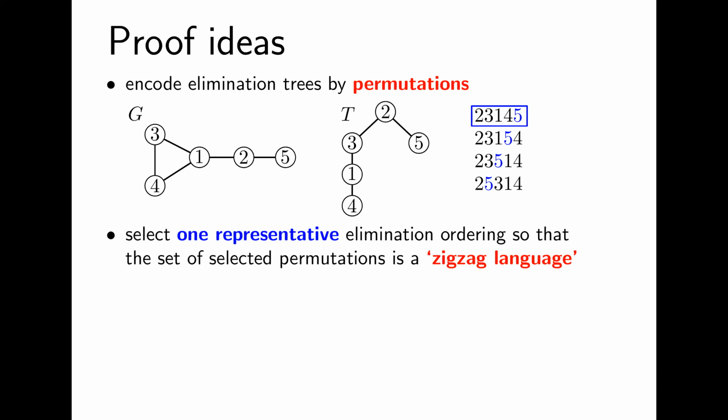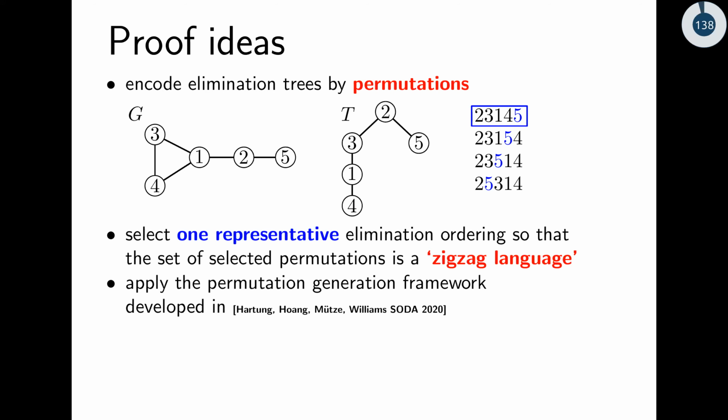This is a technical term that was introduced in one of our earlier papers, where we gave sufficient conditions under which a set of permutations can be generated by such a greedy algorithm. And in this way, we translate our problem of elimination trees to a problem of permutations.